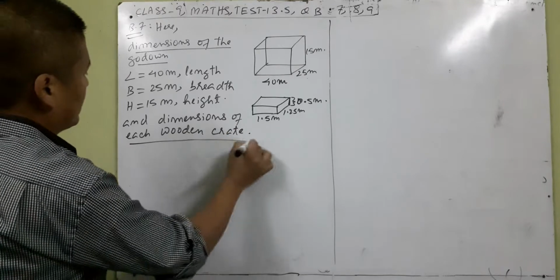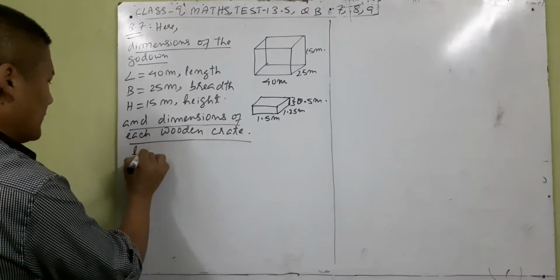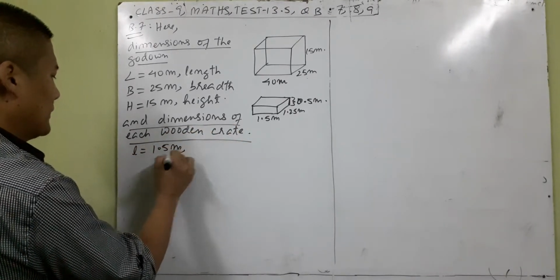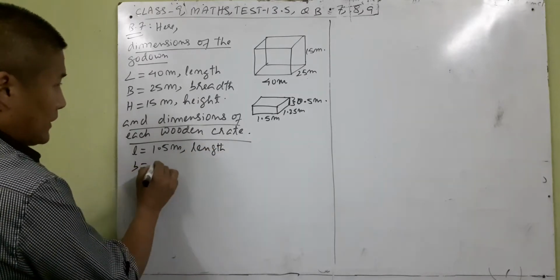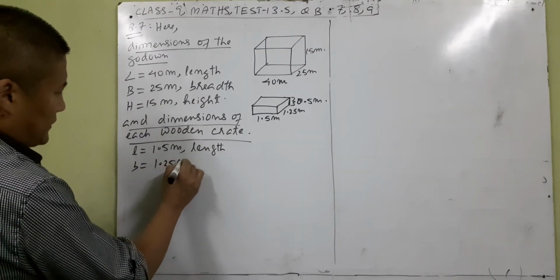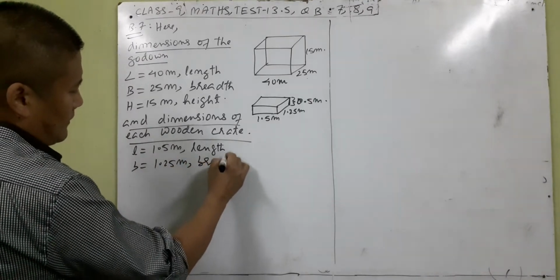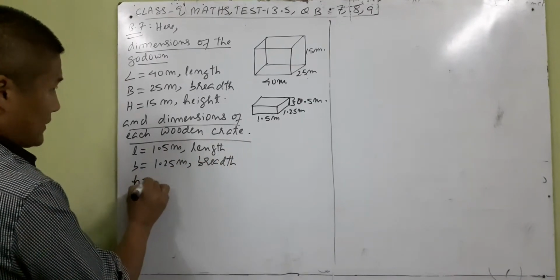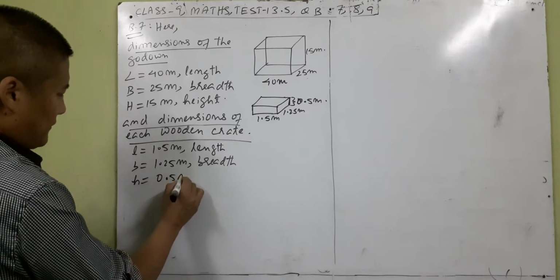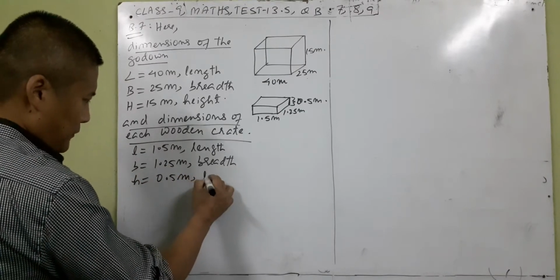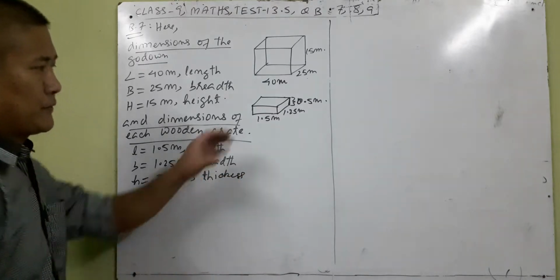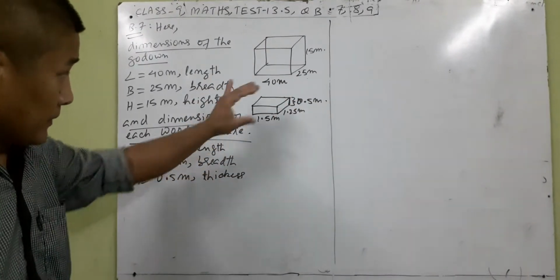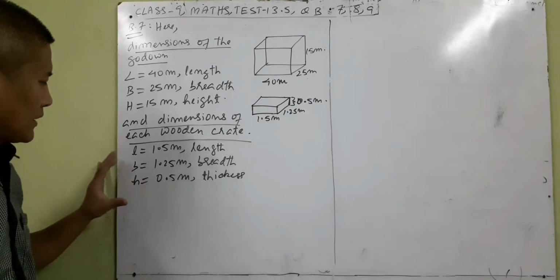Small l is equal to 1.5 meter, the length of the wooden crate. B here 1.25 meter is the breadth of the wooden crate, and small h 0.5 meter is the height. Better mention it as thickness because it's so flat that thickness would be a better word. Thickness and height mean the same thing here.